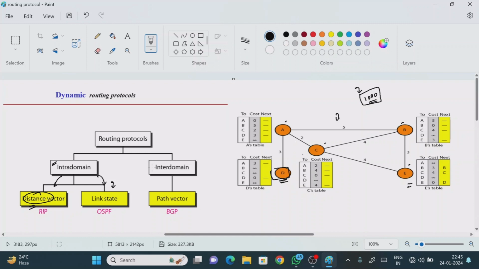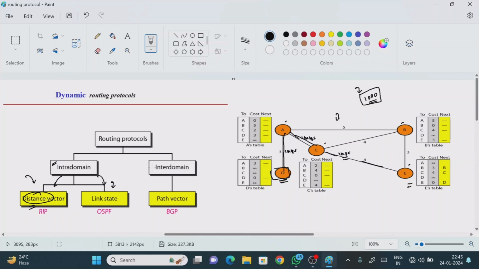The other parameter is, for example, from D to A the link speed is 1 Mbps, right? From A to C let it be 1 Mbps link speed, and here also 1 Mbps, just for example, guys. So the data will travel at 1 Mbps speed. As per distance, this is the shortest path as per the distance vector routing protocol.